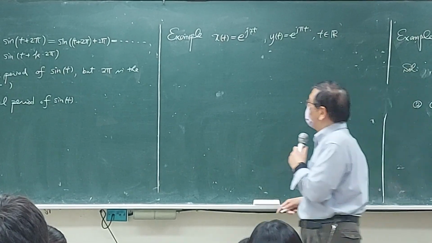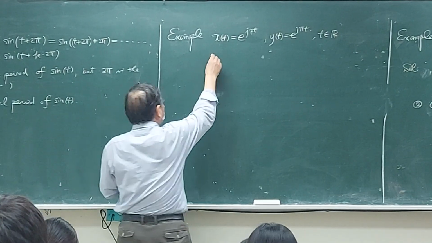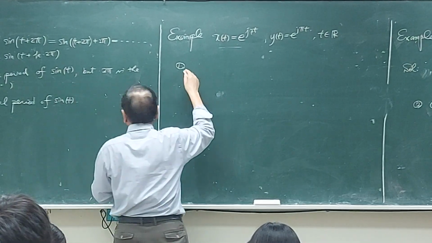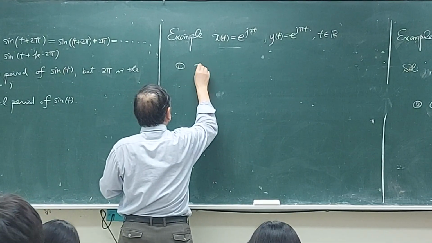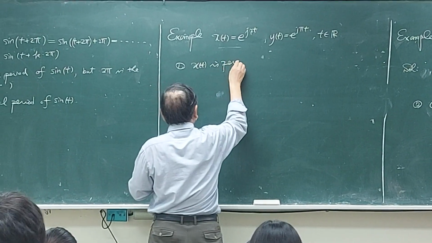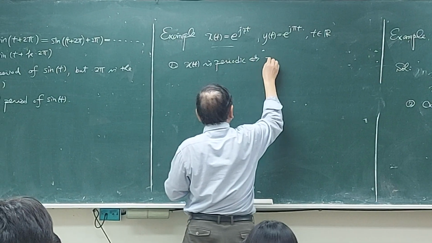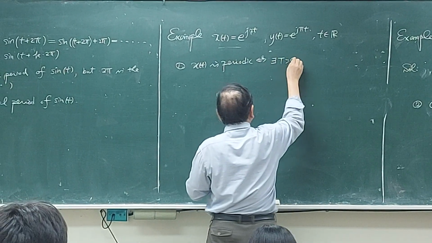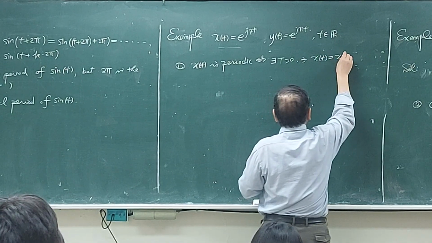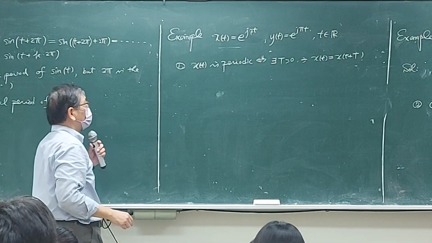Okay? Now let's determine the period of x of t and y of t. Okay? So the smallest positive number.